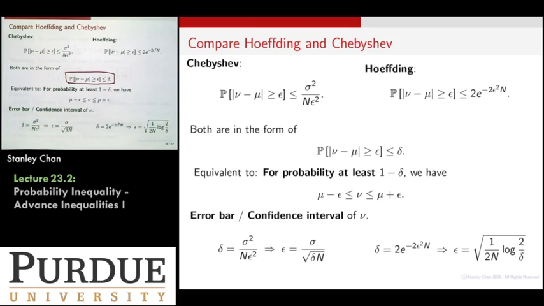Here you can show that for the Chebyshev inequality, your epsilon is sigma divided by the square root of delta times n, and here your epsilon is given by that quantity. This is decaying as a function of square root of n, and this is also decaying as a square root function of n. However, you have a log term here, and this log term has a different impact on the epsilon that you have.